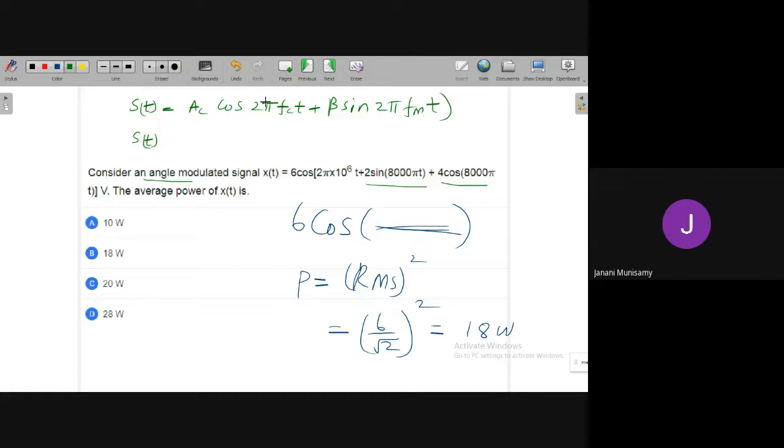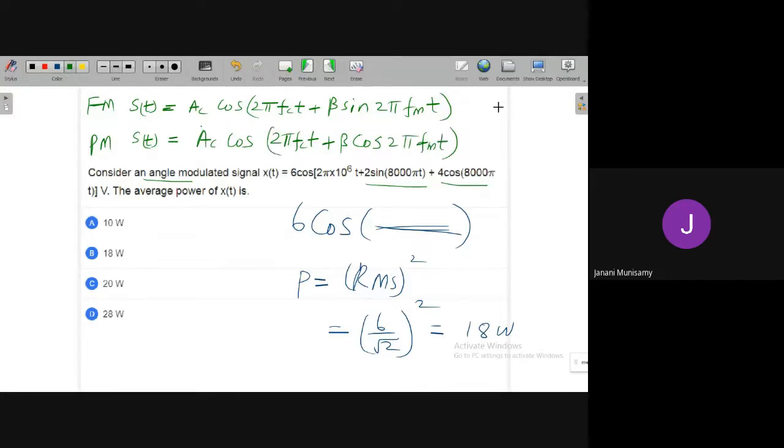Please refer, is it correct? If it is wrong, somebody please inform. And this is FM. For PM, we have written cos of 2 pi fc t plus beta, again beta is the phase modulation index. Here instead of sine, we have cos 2 pi fm t.